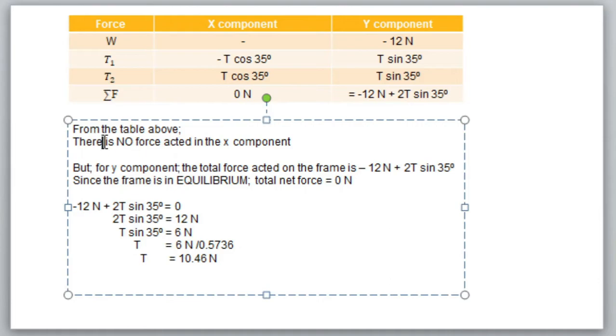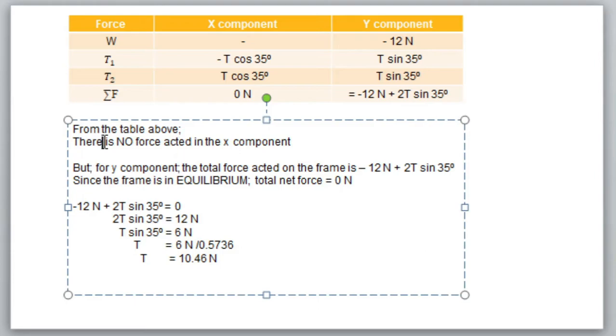But for the y component, the total force acted on the frame is negative 12 Newton plus 2T sin 35. So we need to find T. So from the calculation here, the value of T is 10.46 Newton.